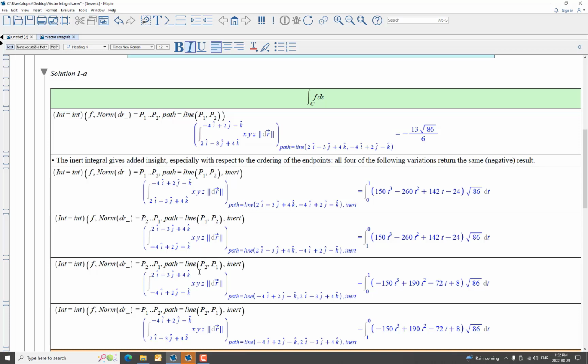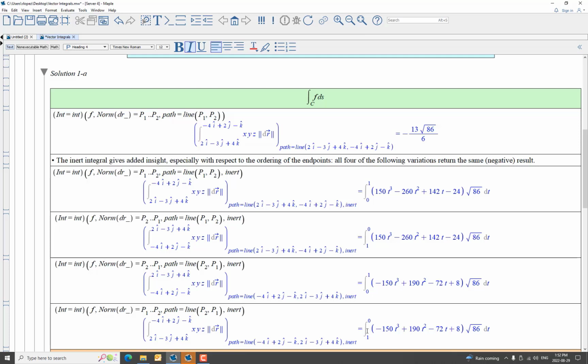Apparently, the description of the line here is not as essential as the order of the endpoints here. And if you say P1, P2, so you're going from 1 to 2, and you describe the line otherwise, P2 to P1, you get two minus signs.